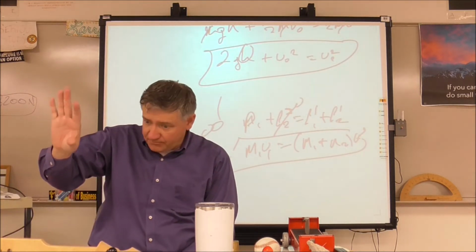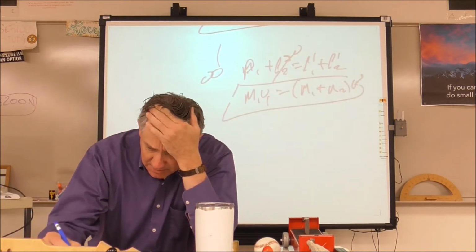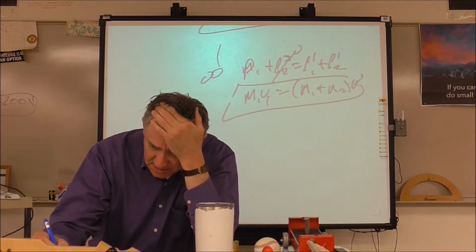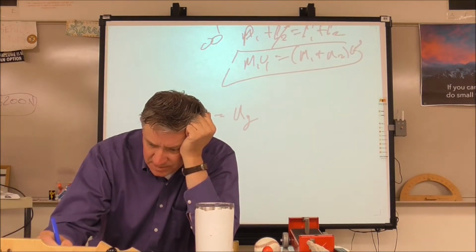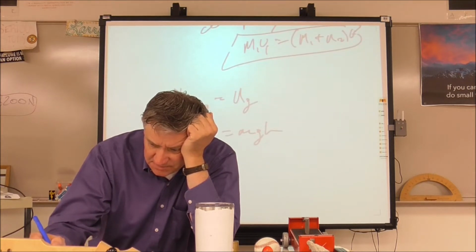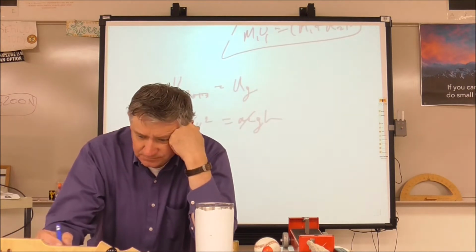Now, if you're an equations kind of person, you can say the kinetic energy at the bottom is going to equal the potential energy at the top. That's 1/2 mv squared equaling mgh. So this is the beauty of working with equations. Your masses cancel out.